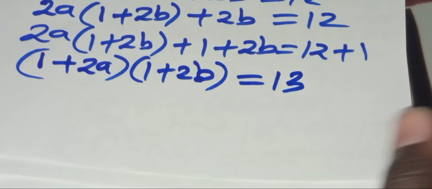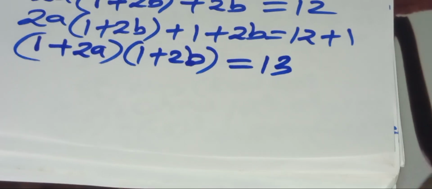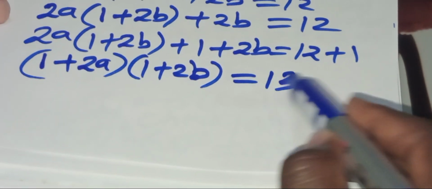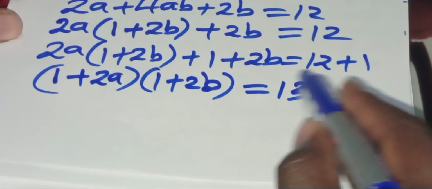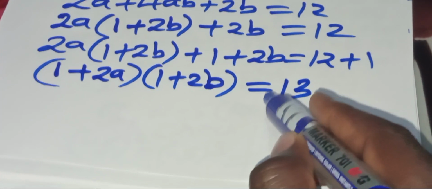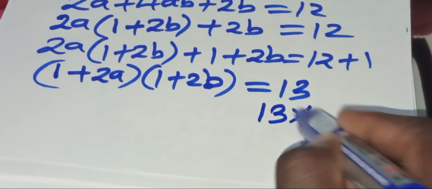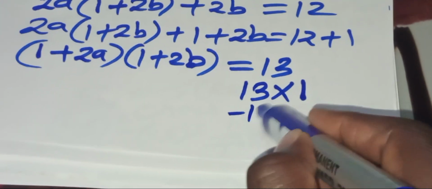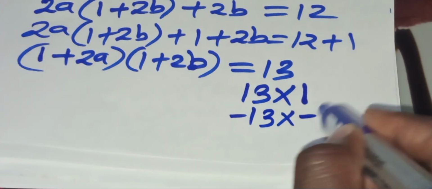All right, now the next phase here, remember the first thing is to solve for the values of a and b. Now we have 13. Let's get the factors of 13 that we can multiply to get 13: just 13 times 1, or rather negative 13 times negative 1.